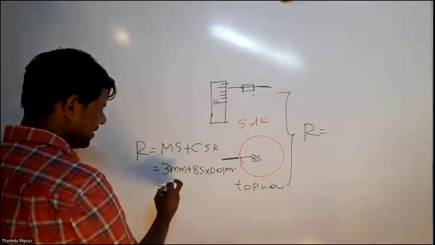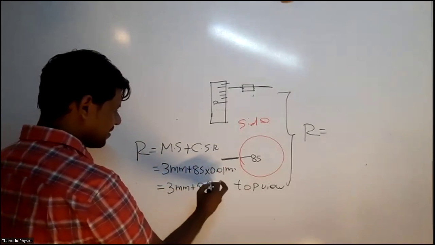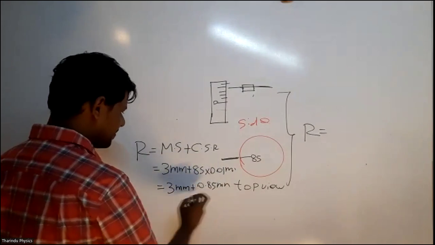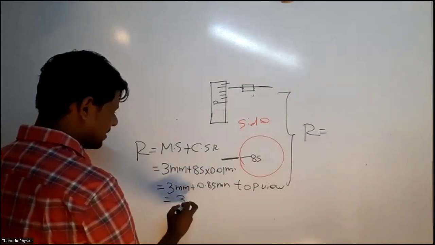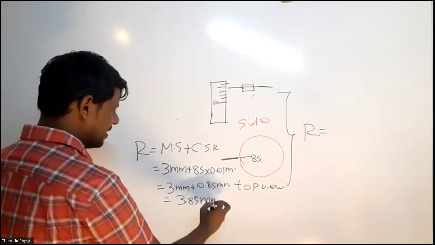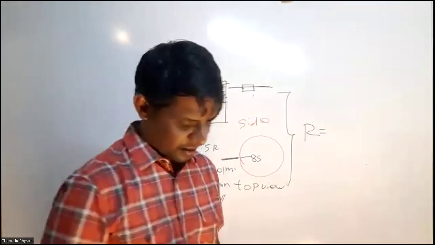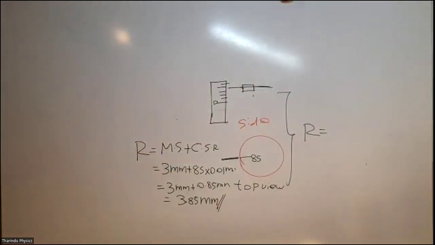So the reading will be 3 millimeter plus 0.85 millimeter. So the reading is 3.85 millimeter. Understand? I hope that everybody understood it. Okay, correct. Great. Copy this.